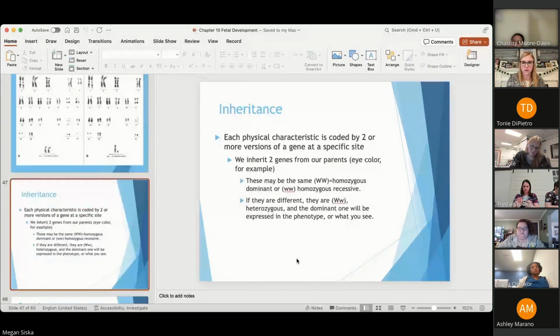Okay, so inheritance. Each physical characteristic is coded by 2 or more versions of a gene. And like I said, we inherit those genes from our parents, and they are either homozygous dominant or homozygous recessive.